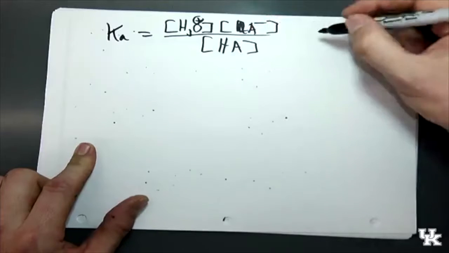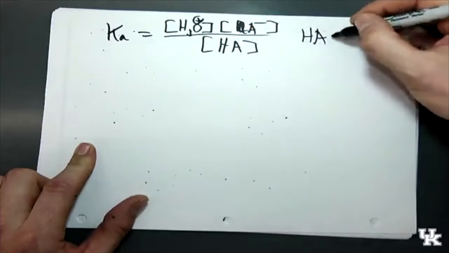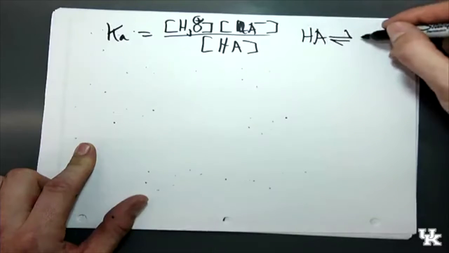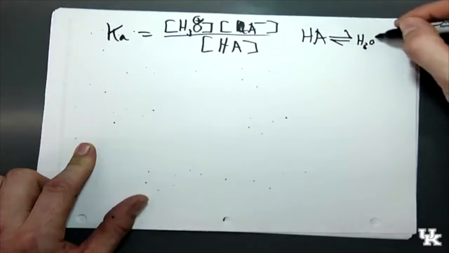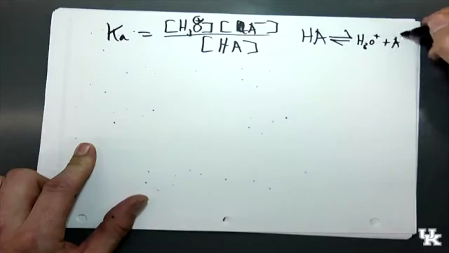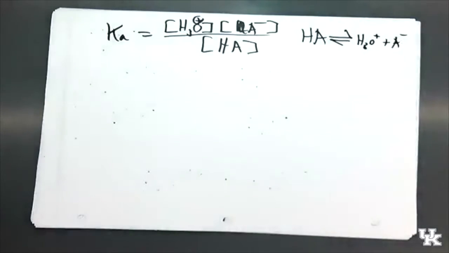And remember, this is for any reaction that has the structure HA goes to H3O plus plus A minus. So this is for an acid dissociating into two things with the help of water, right?